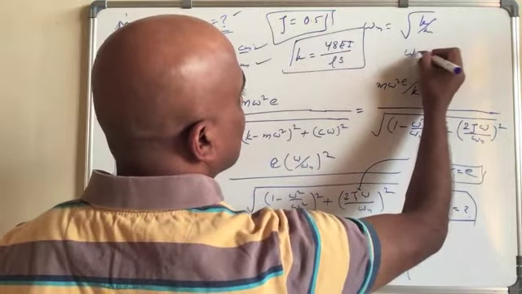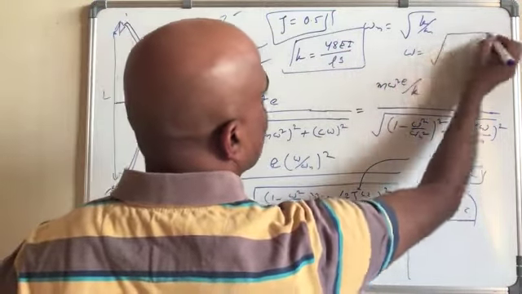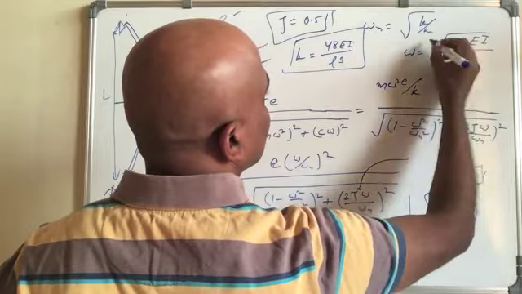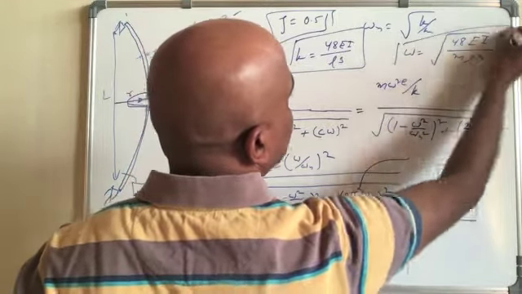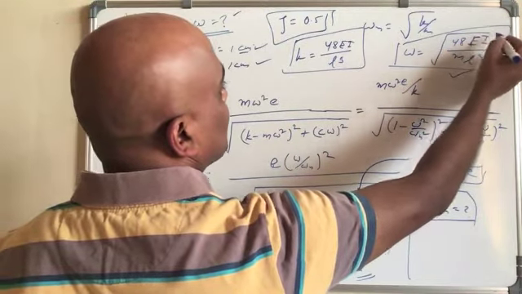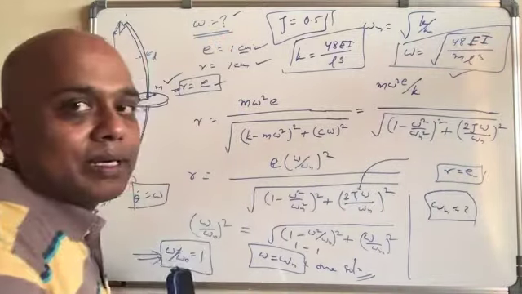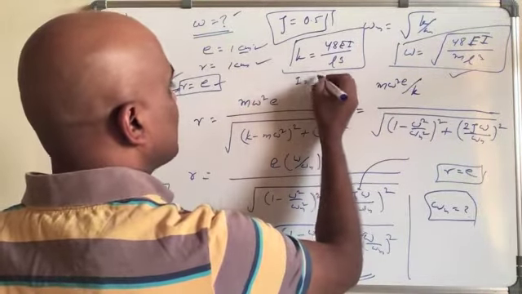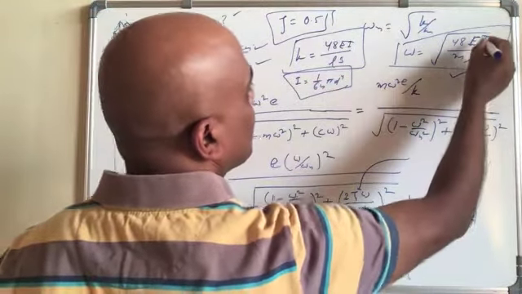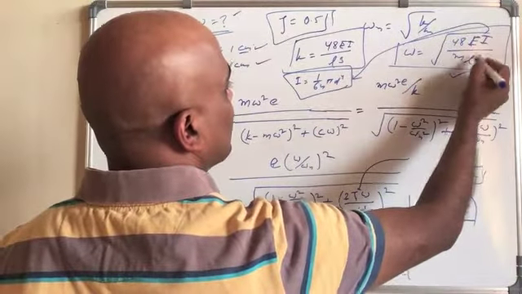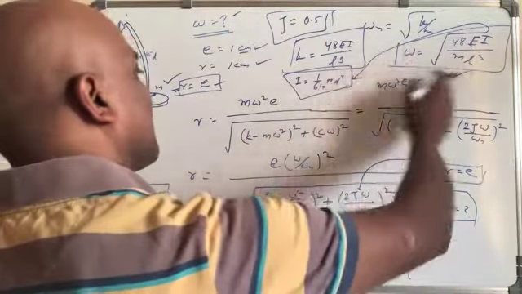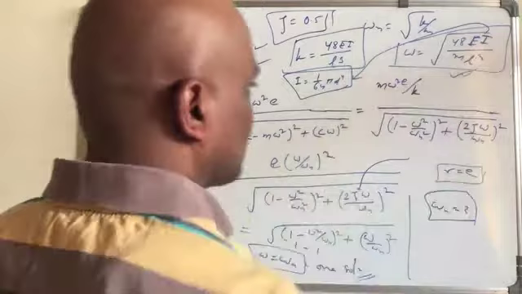So omega, the answer, will be the root of 48 EI over m L cubed. Here 48 and E is the material property, then I. For this one, I equals 1 over 64 pi d to the fourth. So I is this, divided by m L cubed. So this is what the value will be. Omega will be like this. This will be the final answer.